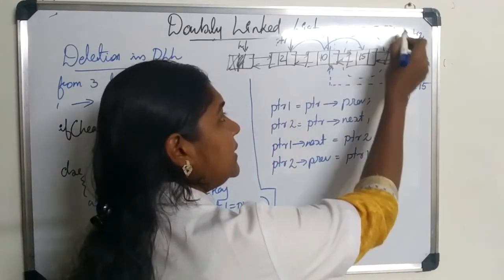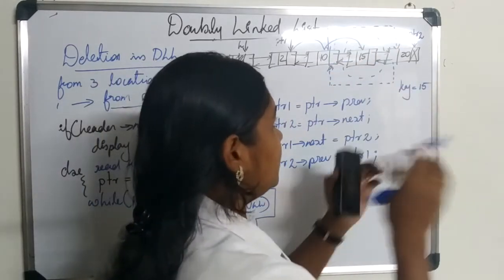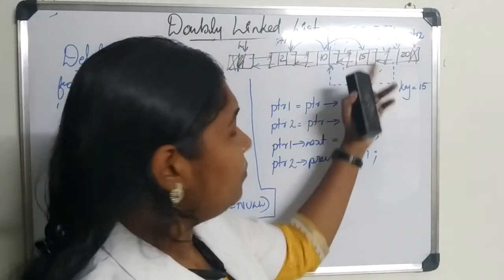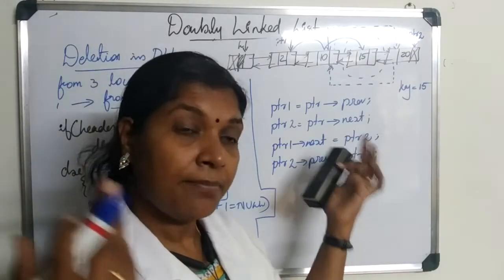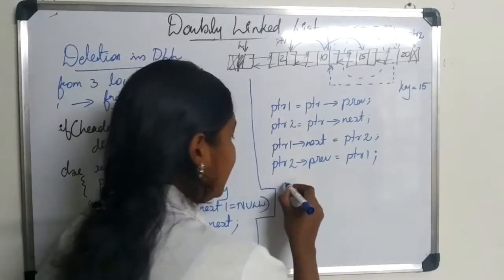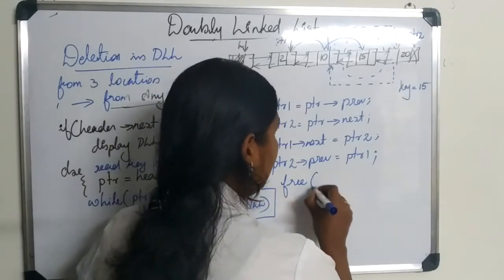Right now these two nodes got linked. Now PTR is free, so we can free up the memory: free of PTR.